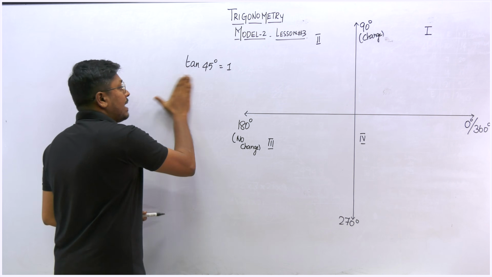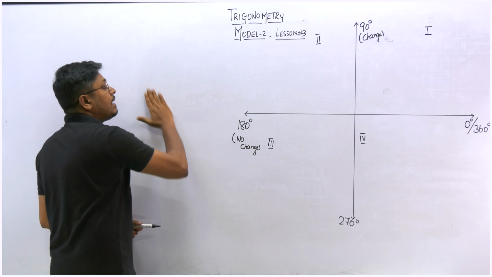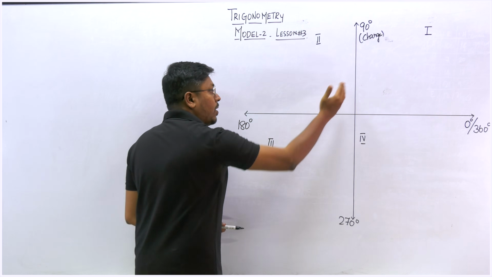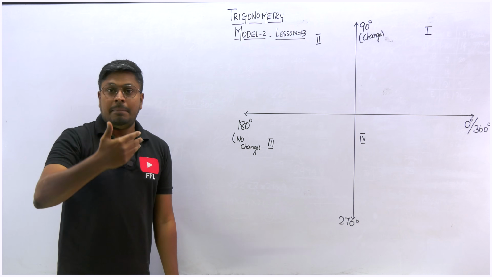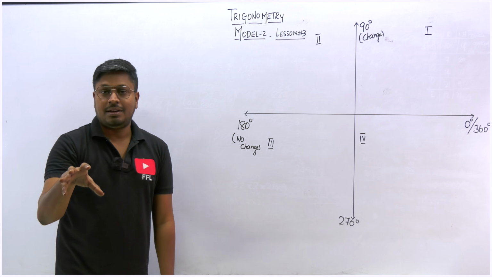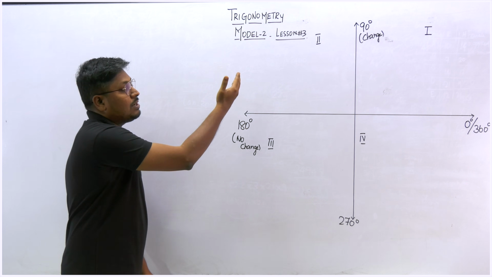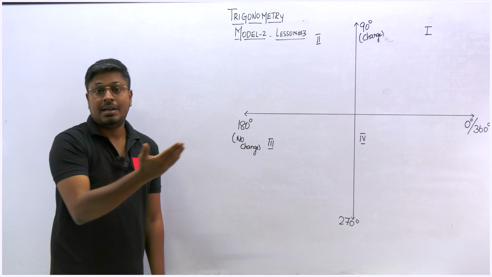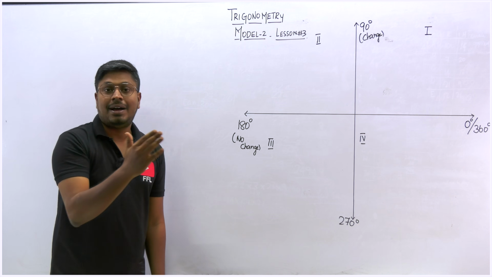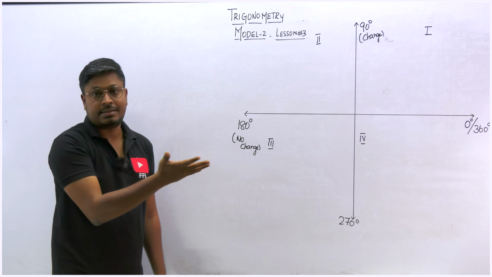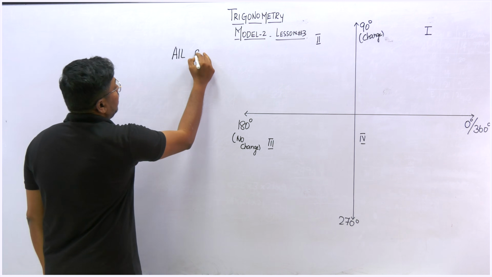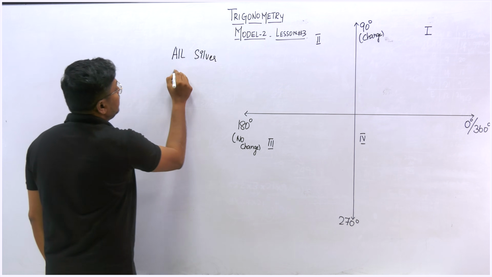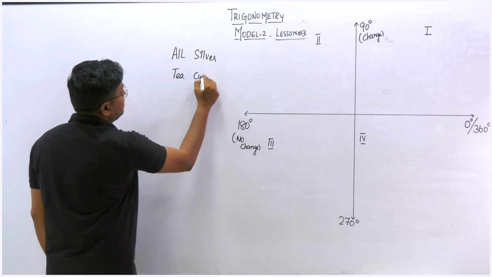So next step, the most important step. In order to understand which trigonometrical values are positive and which are negative in each quadrant, my guru taught me a small shortcut: all silver, tea and the cups, right?